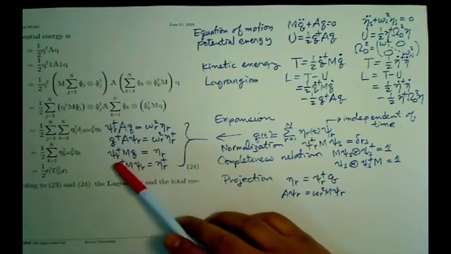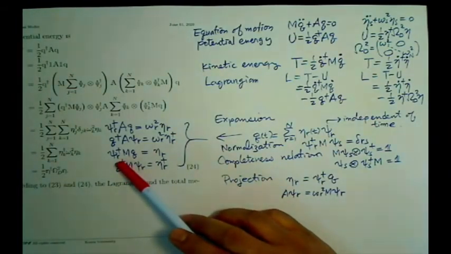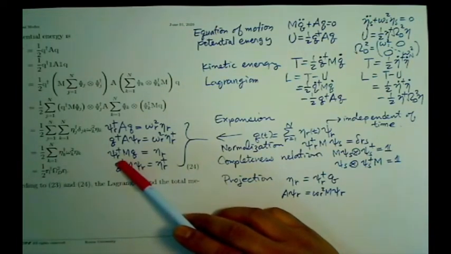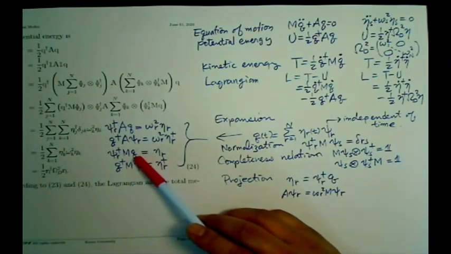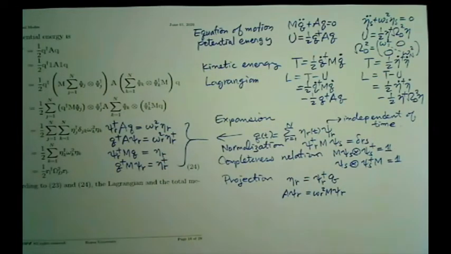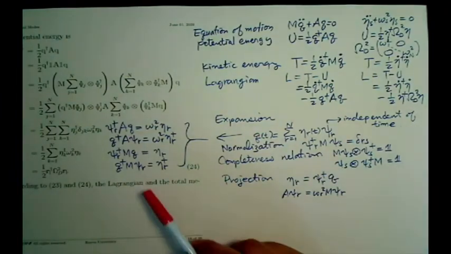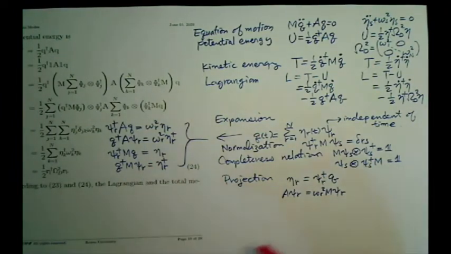In a similar manner, if we multiply the Hermitian conjugate of the eigenvector to M q, we can read off the normal coordinate eta r. The Hermitian conjugate of this will give the complex conjugate of eta r.